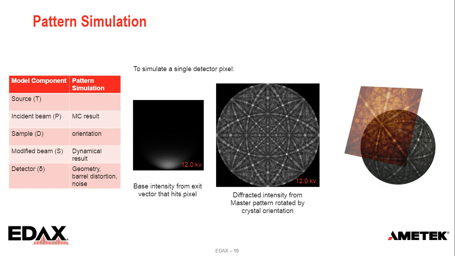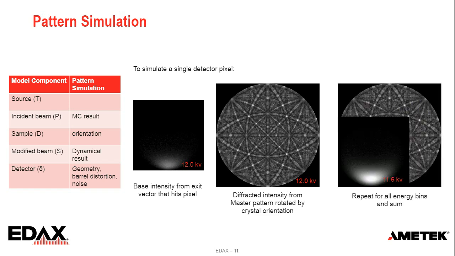Then you use, on the right, just the geometry of the detector to figure out where each of those directions projects onto your detector. Once you have that for one energy, you do it for every other energy and add them all up, and that final sum is your simulated pattern.